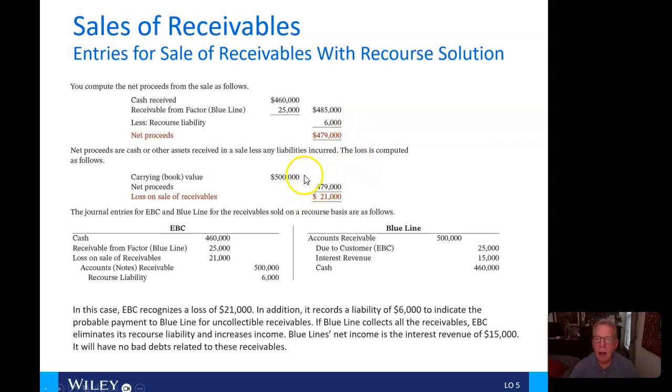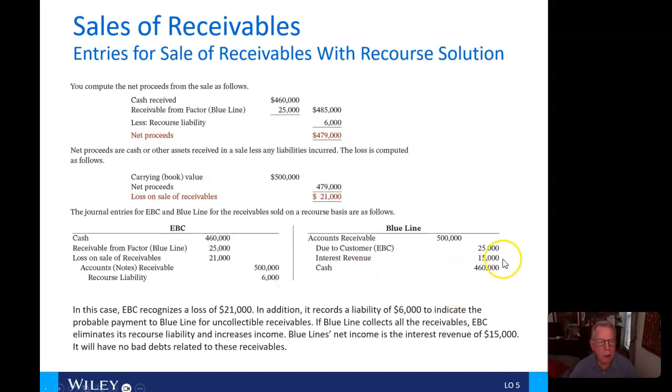And then the carrying book value was 500,000 here. Net proceeds was 479,000. Your loss on the sale of those receivables is 21,000. So your journal entry will be the 460,000 cash, the receivable from the factor, the loss on the sale of receivables, the note receivable going away, and the recourse liability of 6,000.